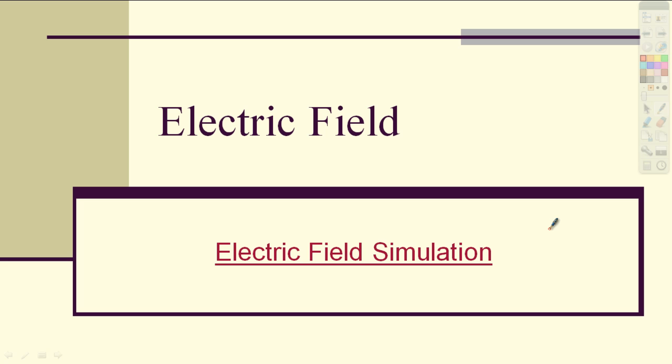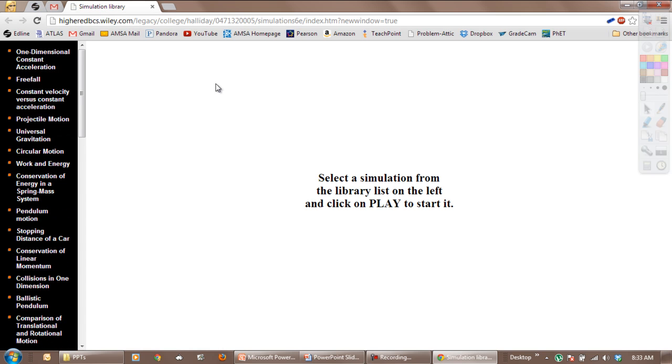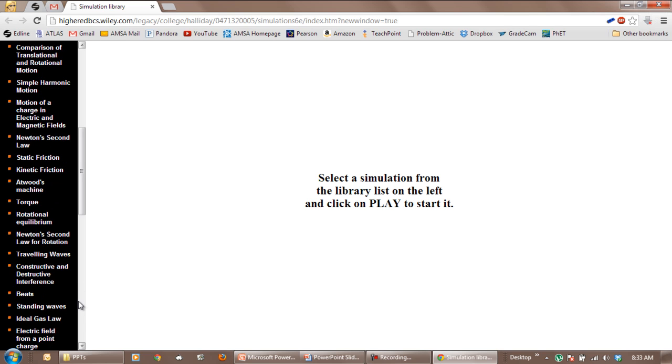They get harder. I also have this cool little electric field simulation here. It'll take you to a website that uses Java, even though Java is terrible. Let's see, electric field, motion of charge, electric and magnetic fields.